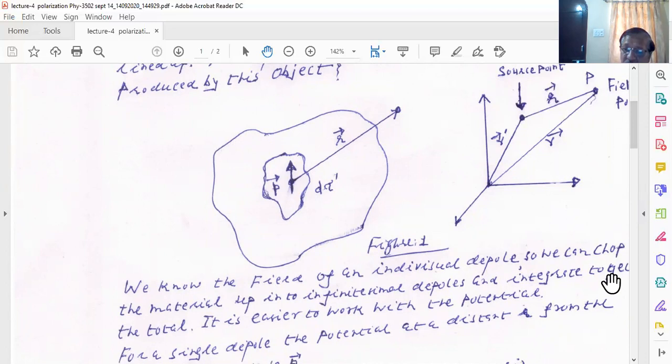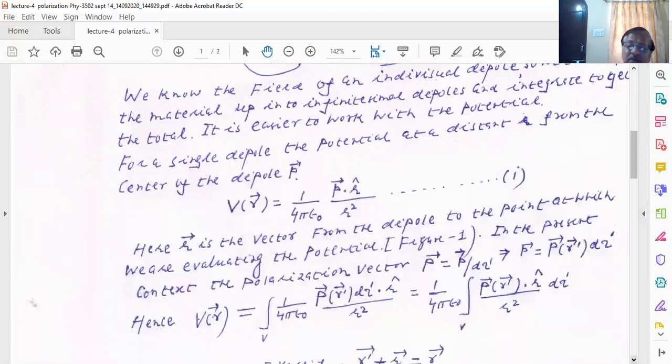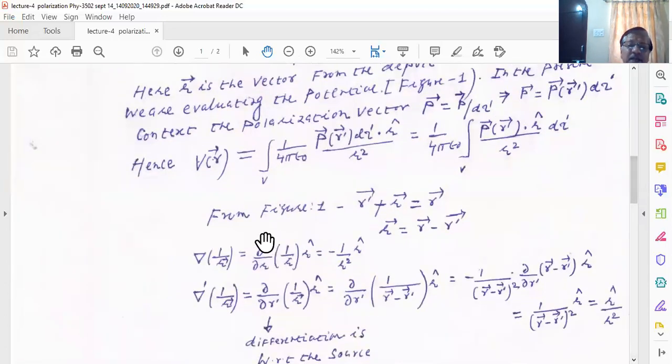The gradient of 1 upon r is the differentiation del by del r of 1 upon r in the direction of r, and del by del r of 1 upon r is minus 1 upon r square in the unit direction of r. This is known to you; we already used this factor in first year BSc. But now I want to use another notation: I write del prime.